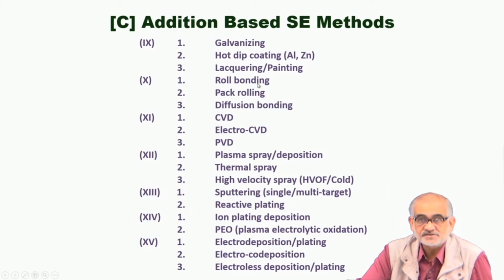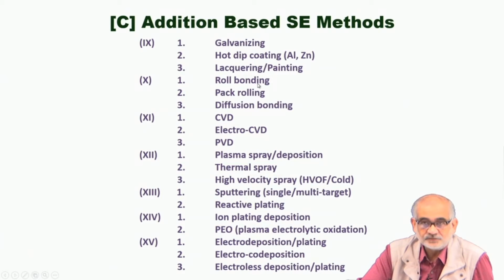In the process you cover one sheet with another which is thinner, and that's how you can protect the thicker one. So you can do it either by similar roll bonding or pack rolling. You can also do diffusion bonding, where the two layers bond with each other through a thermally activated diffusional process.